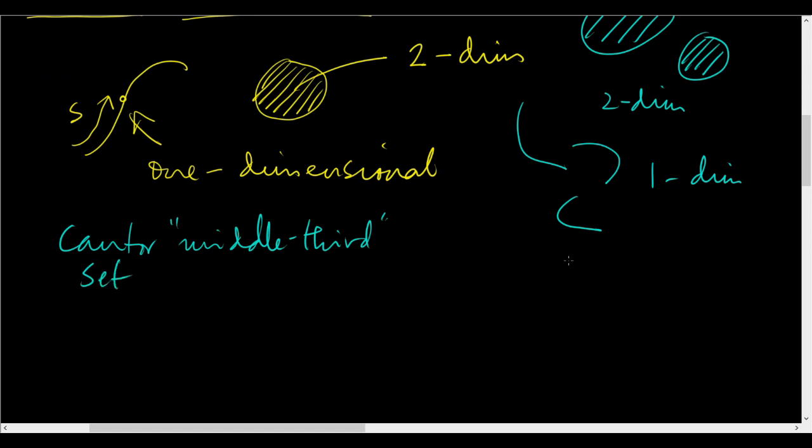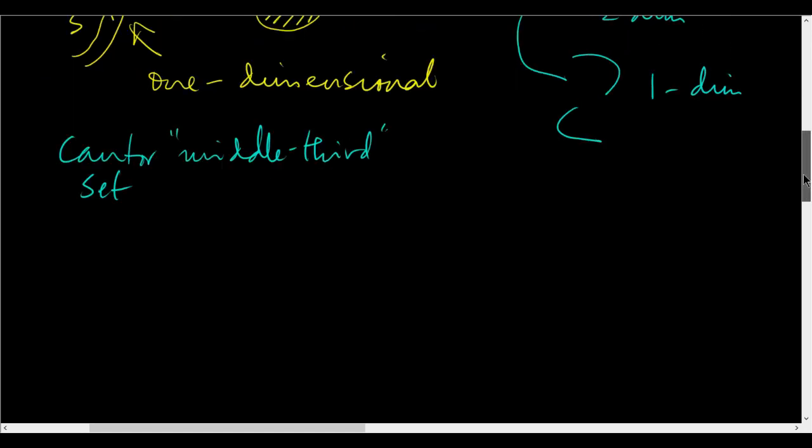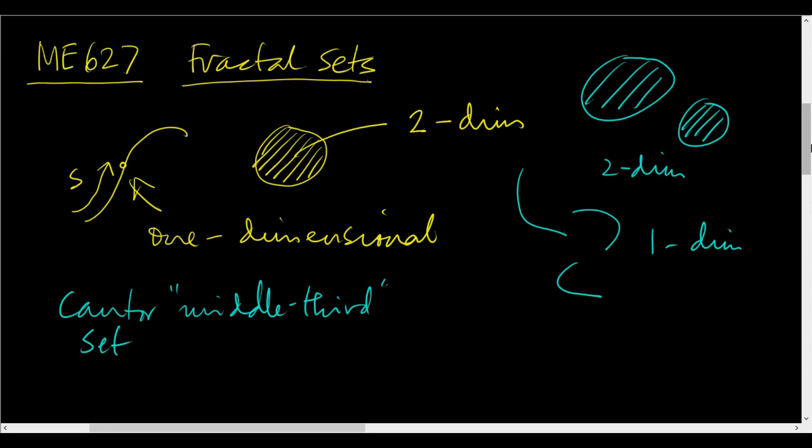Okay, so what is the Cantor set? It is found as a limiting process. We start with, let us say, a line like this, and we remove the middle third.